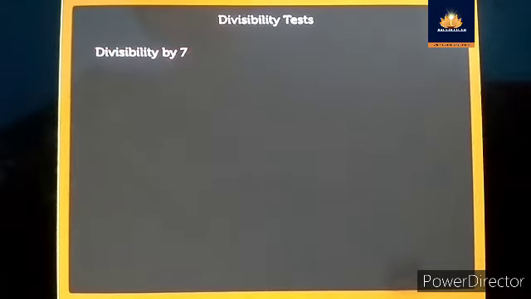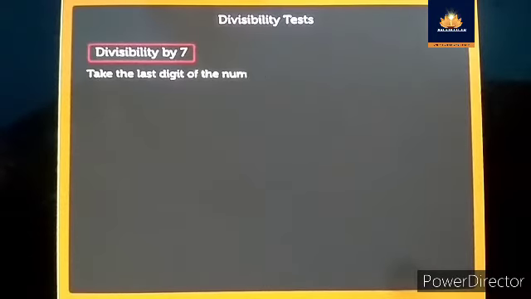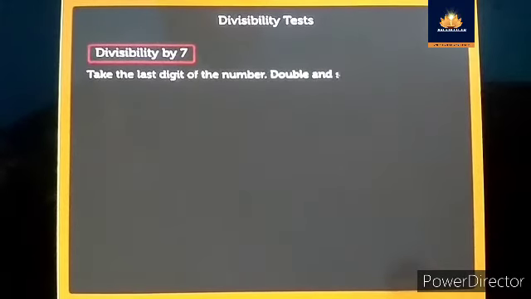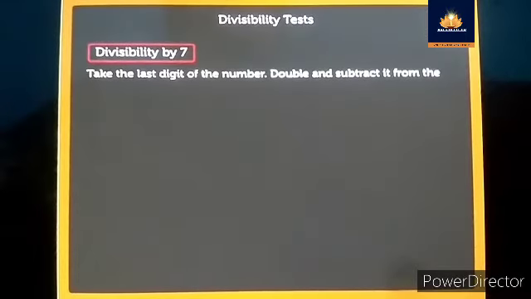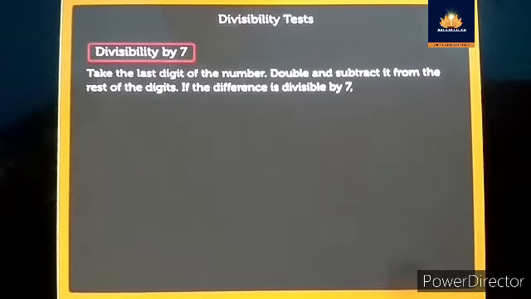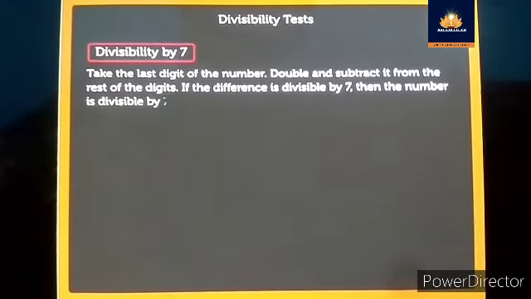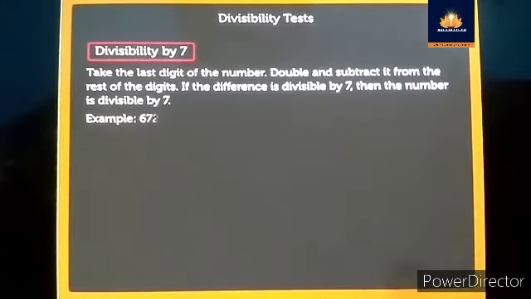Divisibility by 7. Take the last digit of the number, double it and subtract it from the rest of the digits. If the difference is divisible by 7, then the number is divisible by 7. For example, 672.